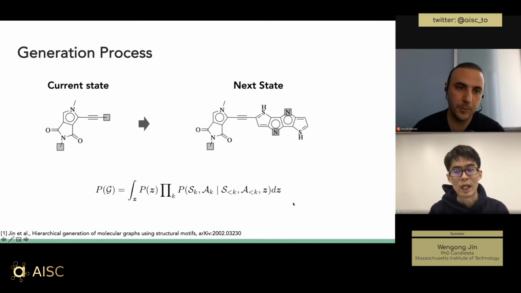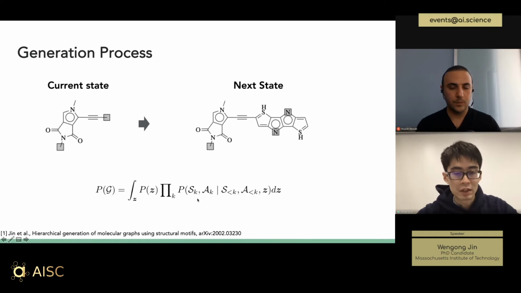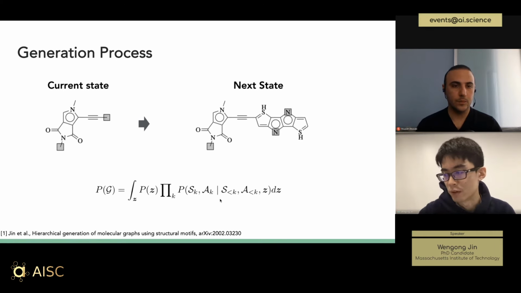Here, Z is a latent variable in our variational autoencoder. S_k stands for the k-th motif that has been generated, and A_k stands for how it should be attached to the current graph. And as you can see, the prediction of the new motif and its attachment depends on the previously generated motifs and their attachments.